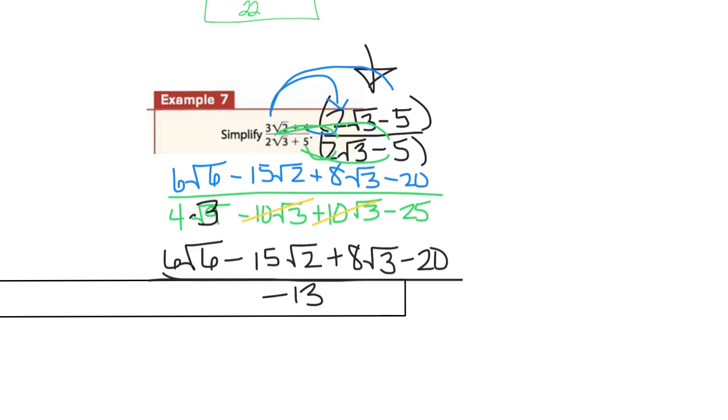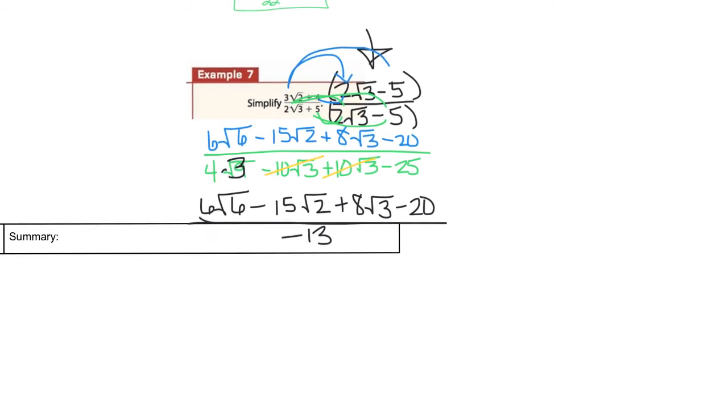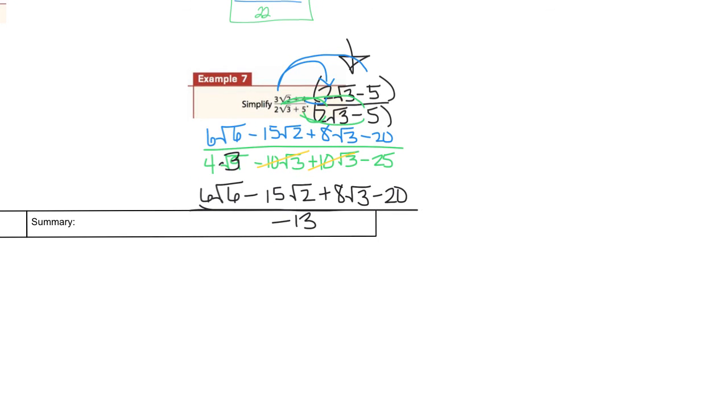over negative 13. Now, if you wanted to move that negative sign up into the numerator, that's a perfectly fine thing. You could distribute that negative into the numerator. A lot of times we want that done for other reasons.